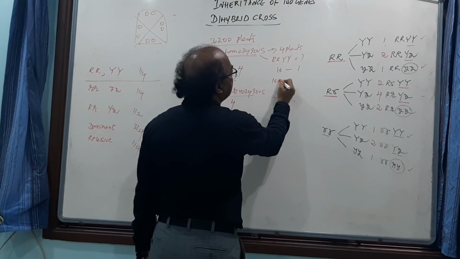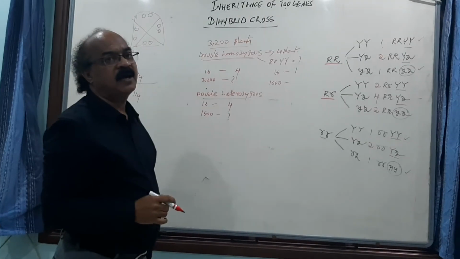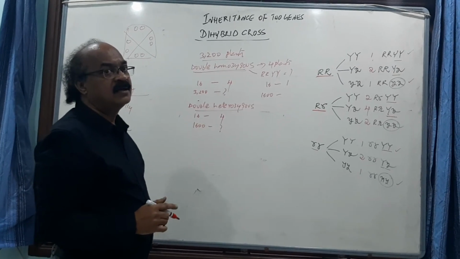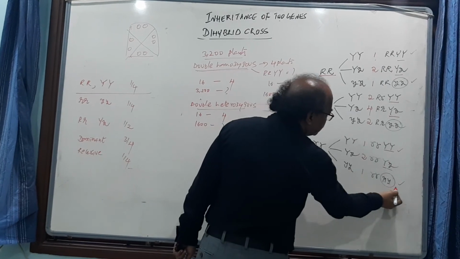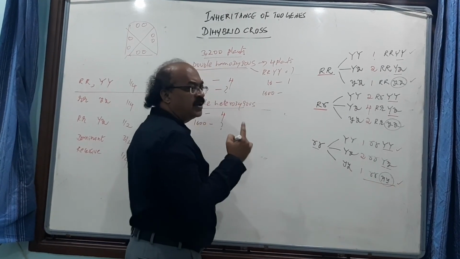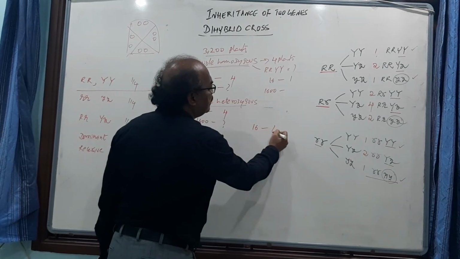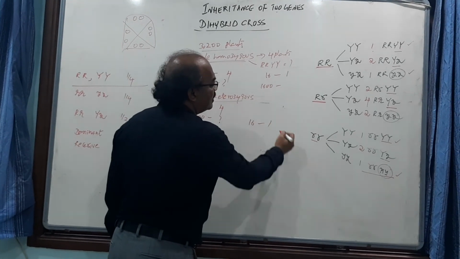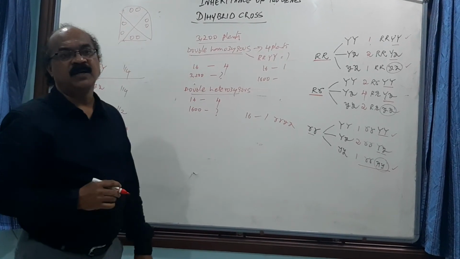For a given 1600 or 3200, what will be the population? You have to calculate. Double recessive, that is only one plant. For every 16, one plant is double recessive. For a given population, how many?